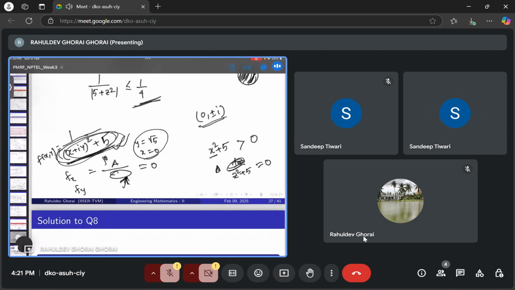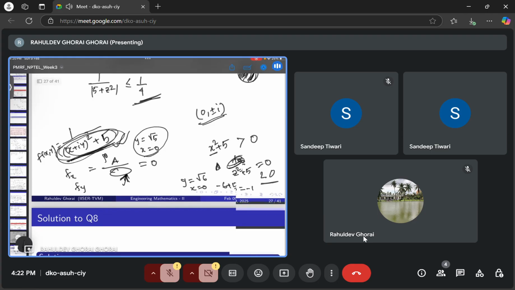It can also be less than 0: take y equal to square root of 6 and x equal to 0, then it will be minus 6 plus 5, so minus 1, less than 0. So for z square plus 5 you cannot say anything, although you can talk about x square plus 5, which is always positive. So you have to care about those things also.